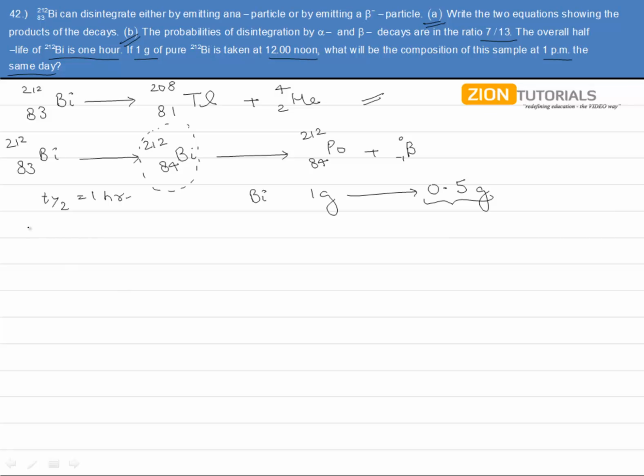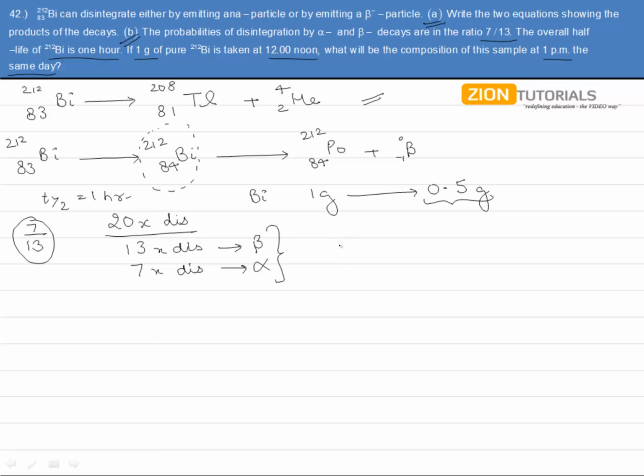Now, also we have been given the probability as 7/13. What does it mean? It means that if there are 20x disintegrations, then 13x disintegrations are probably by beta decay, and 7x disintegrations are probably due to the alpha decay, right?